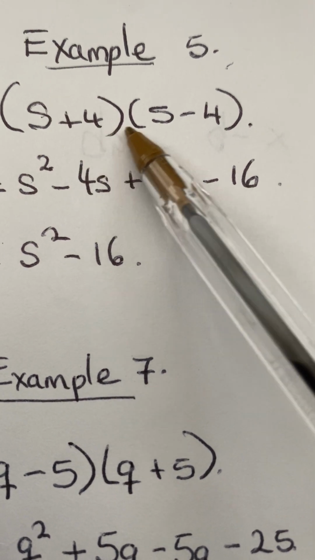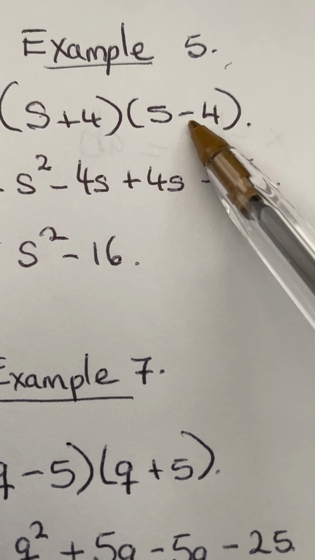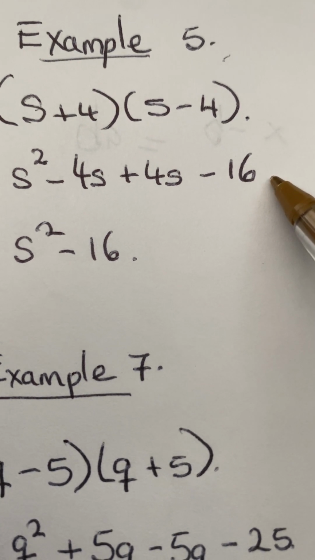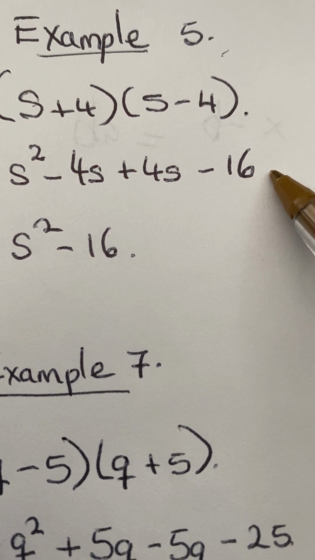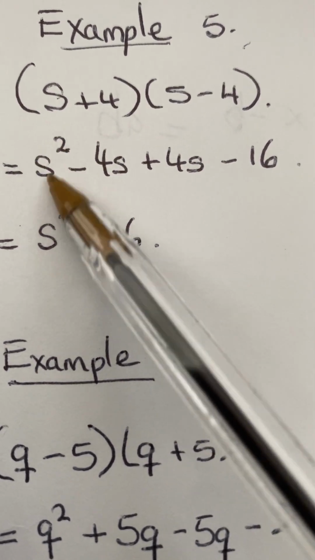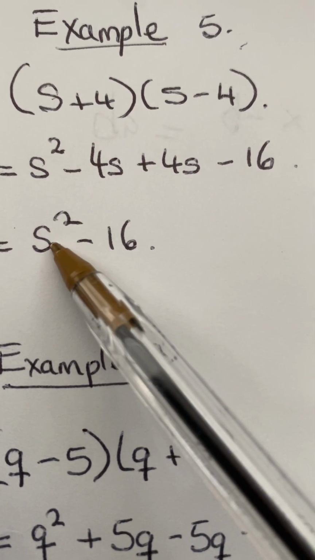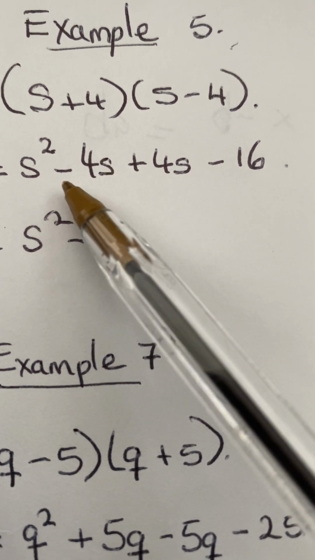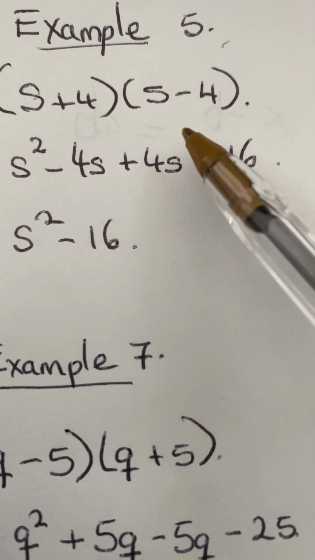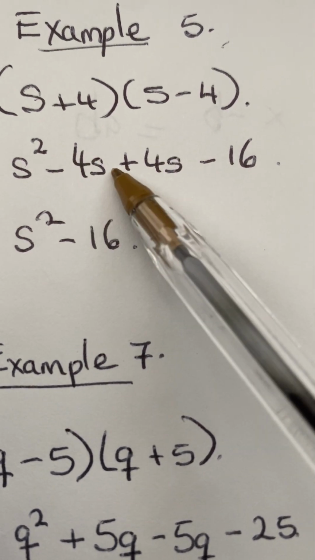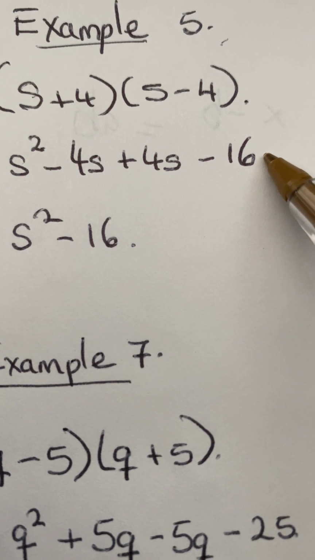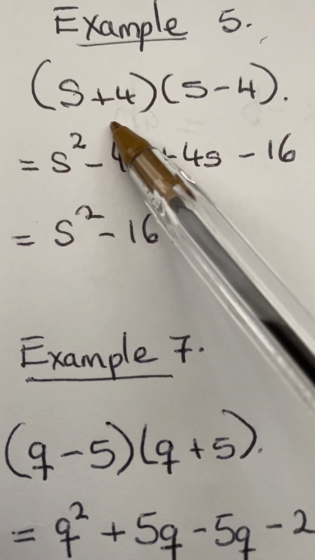Plus 4 times -4 is -16. Now, x squared on its own, we bring it here. And then -4x plus 4x is 0, -16. Look at it very carefully.